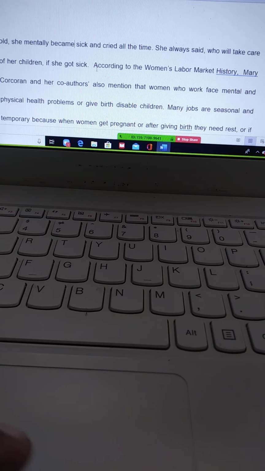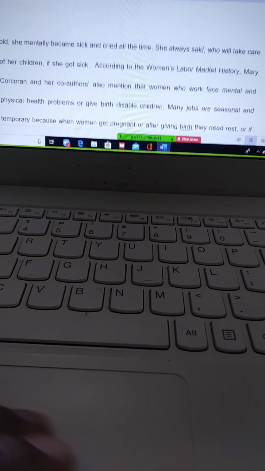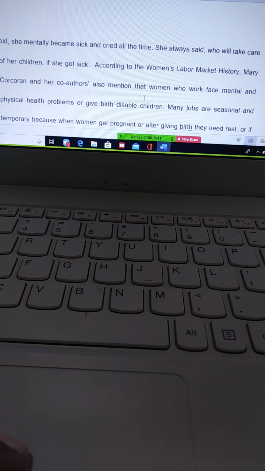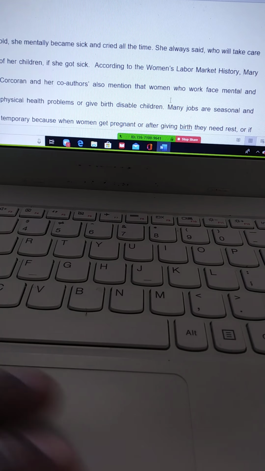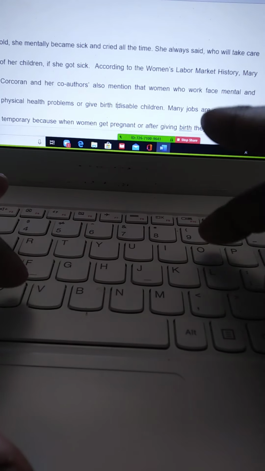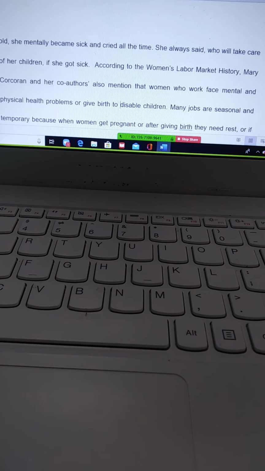If she got sick, according to the Women's Labor Market History, Mary Cochran and her co-authors also mentioned that women who work face mental and physical health problems or give birth to disabled children.